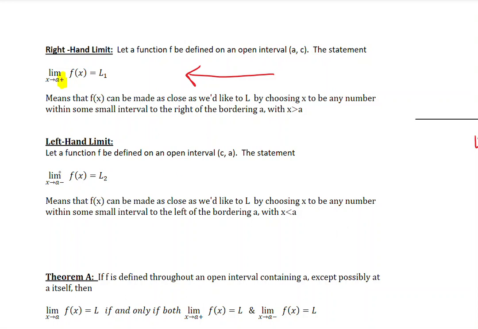Whereas a left-hand limit is denoted with a negative sign in that upper corner, and you're going left to right, approaching that point and seeing what's happening.